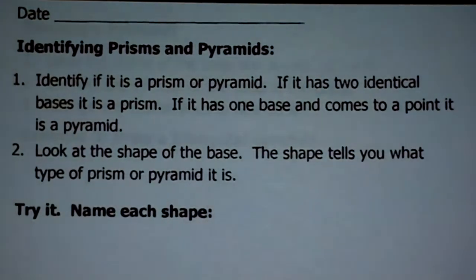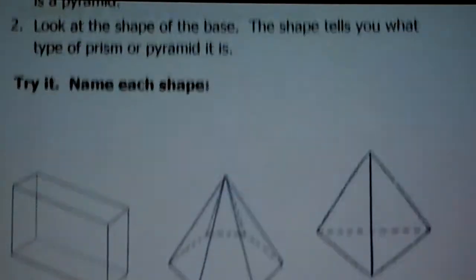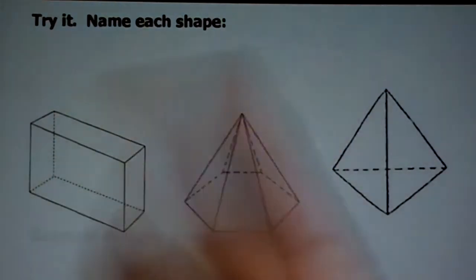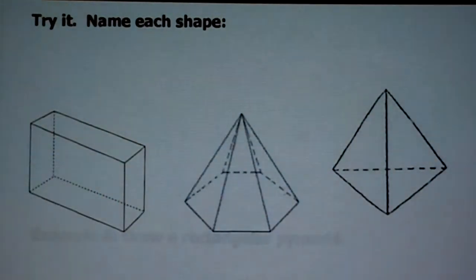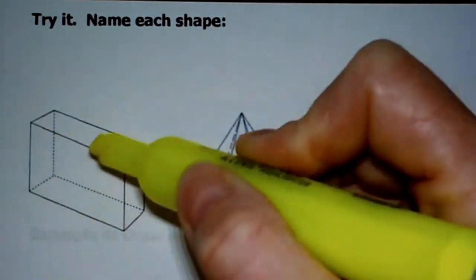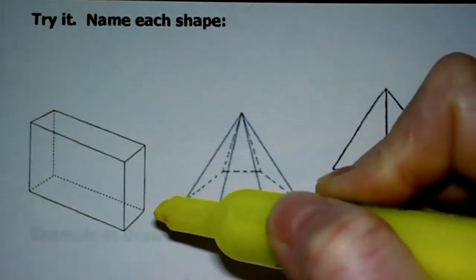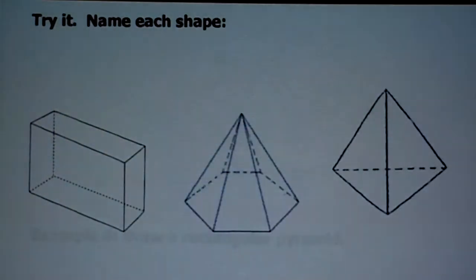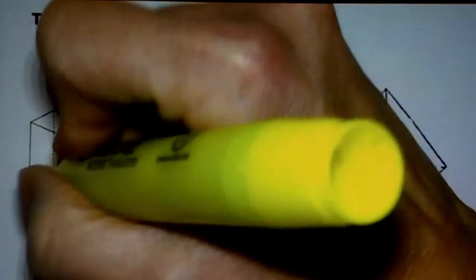So look at this first one here. Okay, I'm not seeing anything coming to a point on this, and I know that these big sides, there are 2 of those, and then we have these little things on the side. I guess I could pick anything to be the base here. So let's just pick this and this.